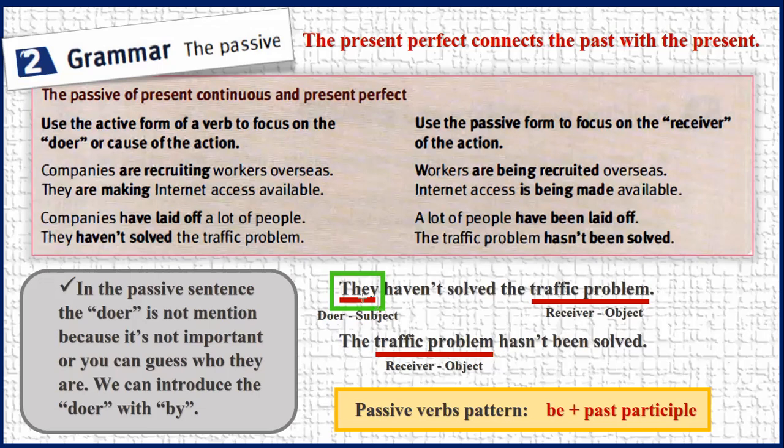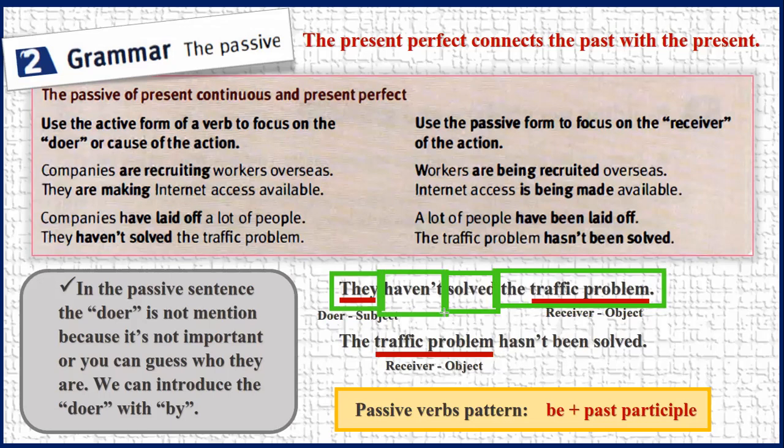They haven't solved the traffic problem. Now, the traffic problem is the receiver of the action. In this case, the action is solve. That's the main verb, and this is the auxiliary verb, negative in this case.